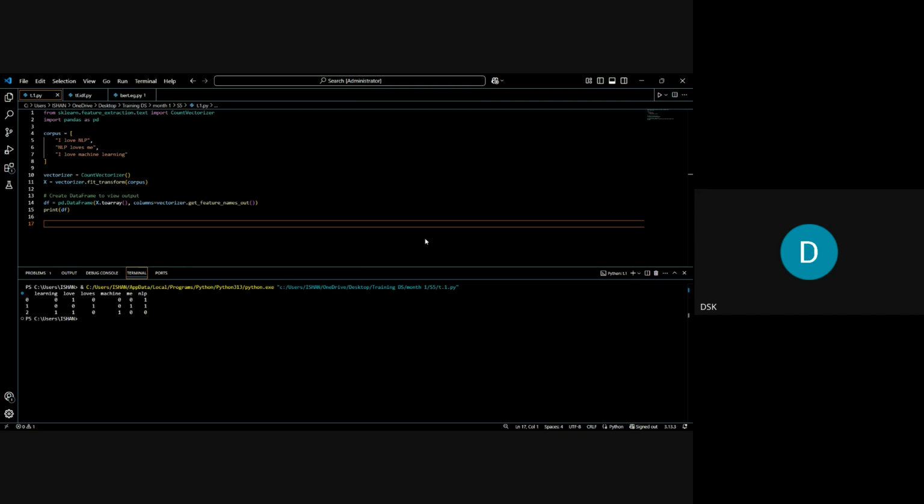As you can see, sentence one is I love NLP. For row 0, love is given 1 and NLP is also given 1.